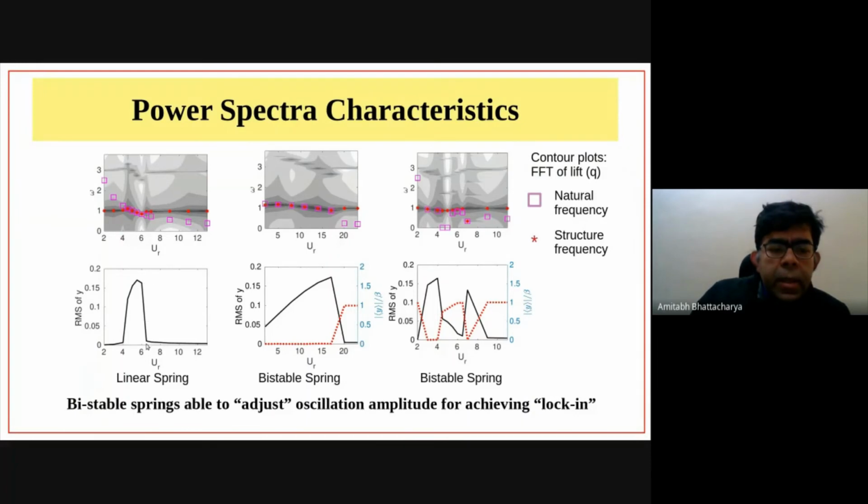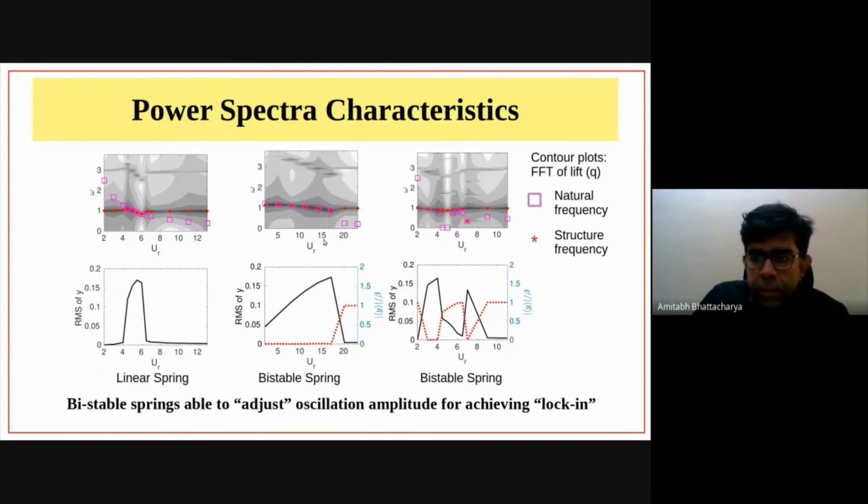Therefore there is a narrow range of reduced velocity over which you get a large oscillation amplitude in Y. On the other hand, with these bistable springs, there seems to be a very large range in the reduced velocity where the natural frequency, vortex shedding frequency, and structure frequency all seem to match, especially for smaller beta values.